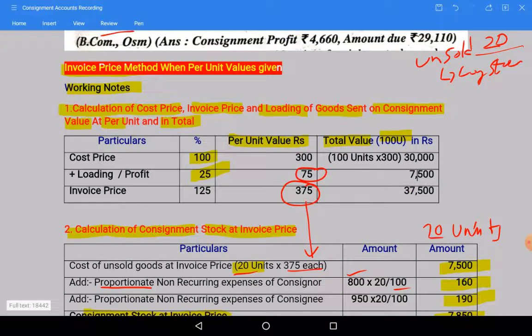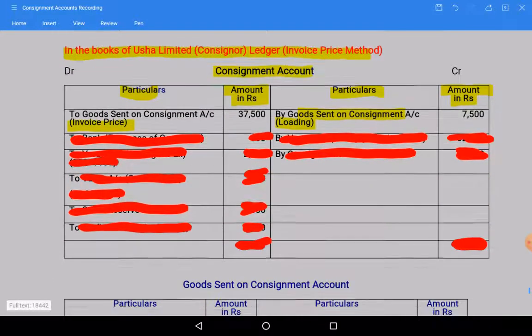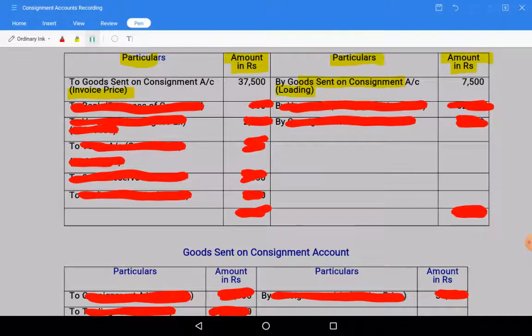So these values only we are taking here while doing the consignment account. Next, consignor spent some expenses for packaging. So to bank, consignor expenses 800.